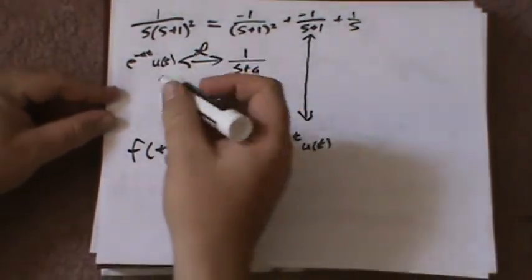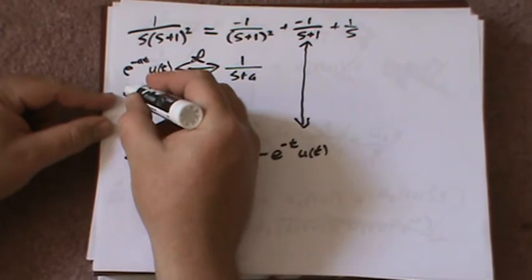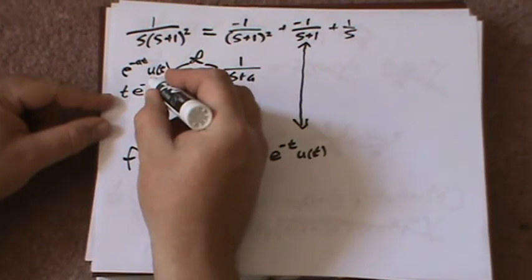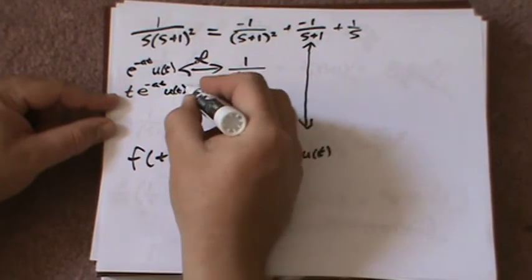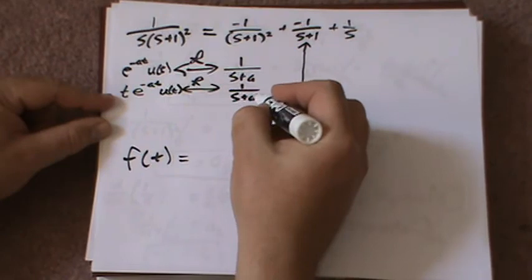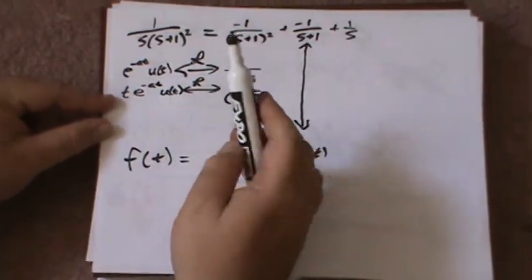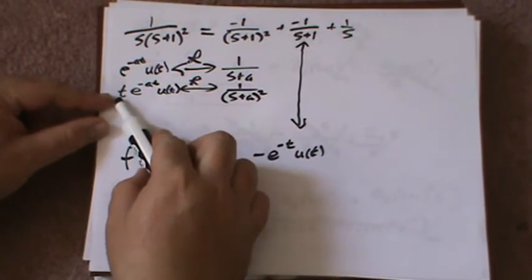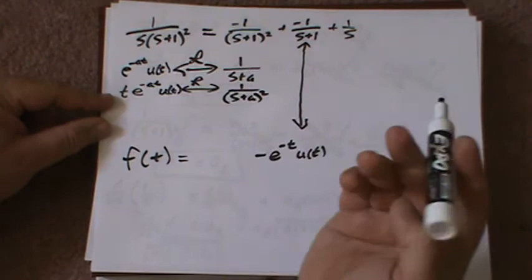Now, the first term is very similar to it. You can look up the property and we'll see that t times e to the minus at u of t, Laplace transform, gives us 1 over (s plus a) squared. If you don't have this one in here, you'll sometimes notice this as just t times f of t, and it just gives you the square of the one.